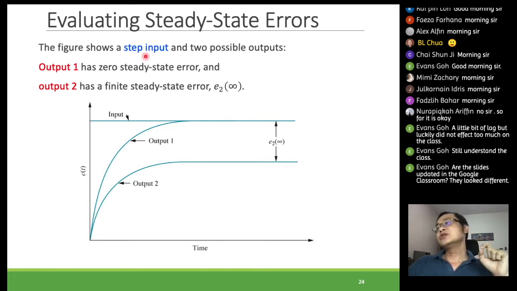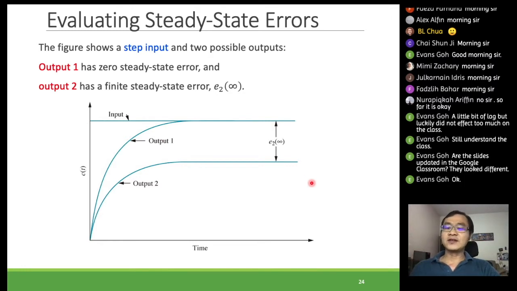If we are giving a step input over here, there will only be two possible outcomes. Either you get a zero steady state error, shown as output 1, or there is a value, a finite steady state error, which is represented by output number 2. So this is one case.